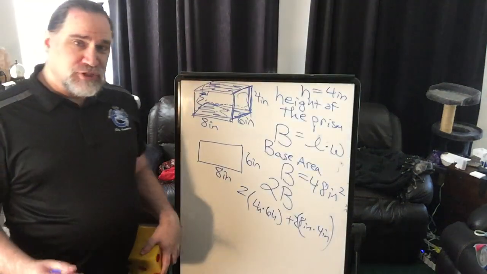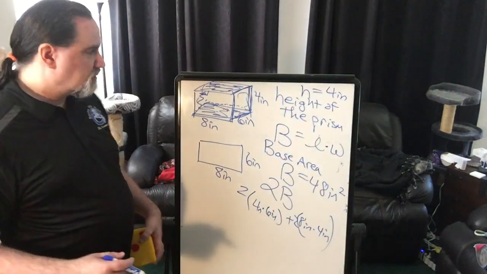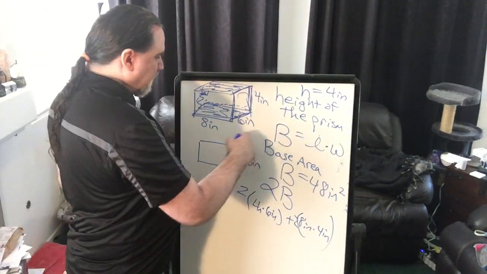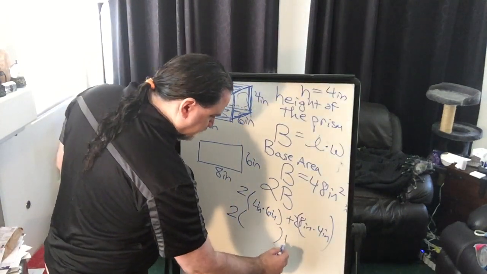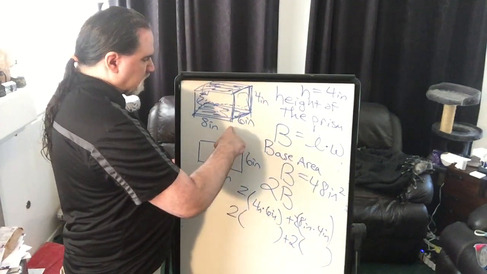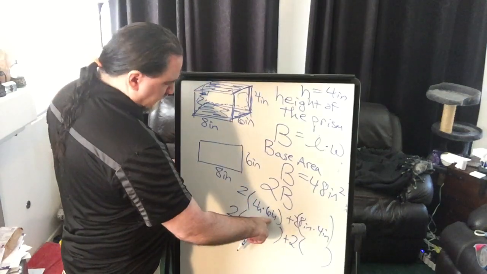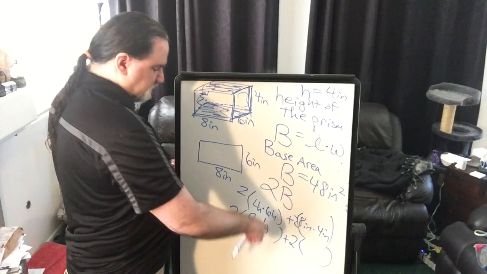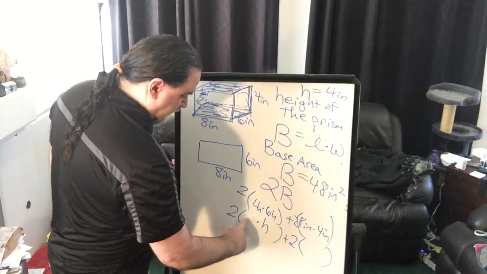Well, if we just use length and width, we go back to the base being length times width, and this time the H being the height of, and remember height is the prism, what do we have? We have 2 of the length times the heights, and then we have 2 of the, sorry, it's not the length, that's the width, my bad.